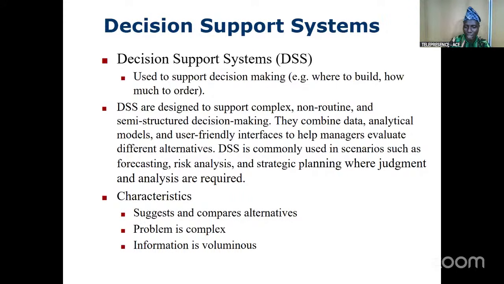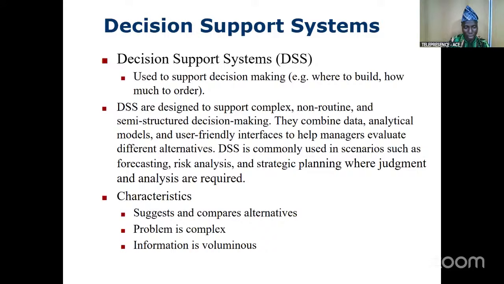Decision support systems are commonly used in scenarios such as forecasting, risk analysis, and strategic planning, where judgment and analysis are required. What are the characteristics of the decision support systems?